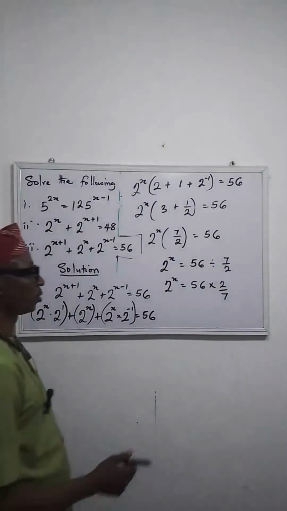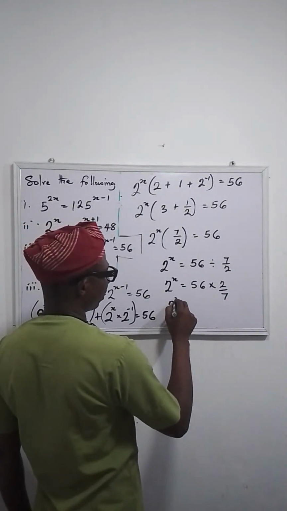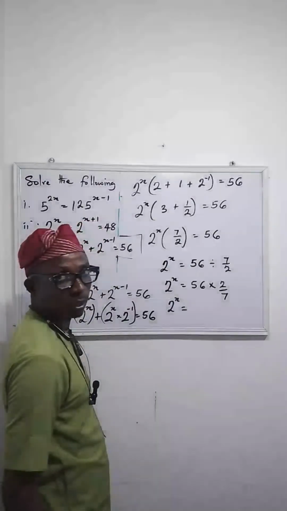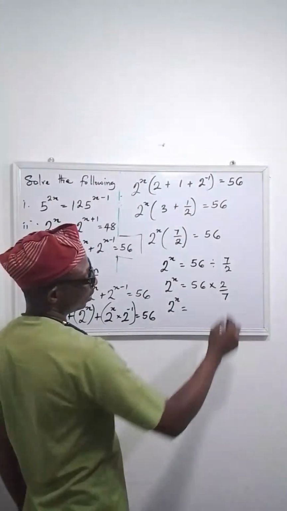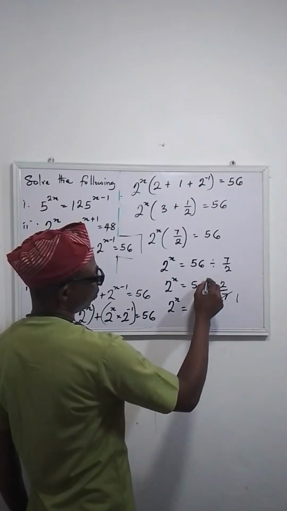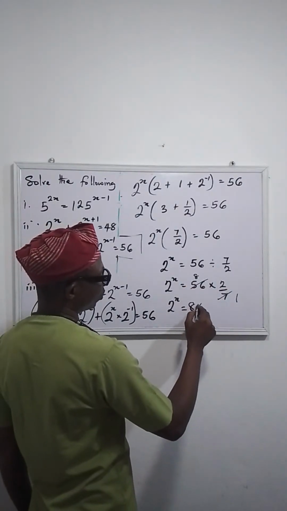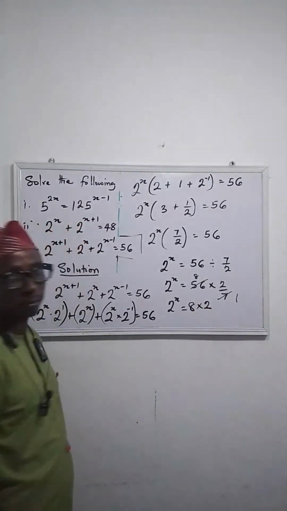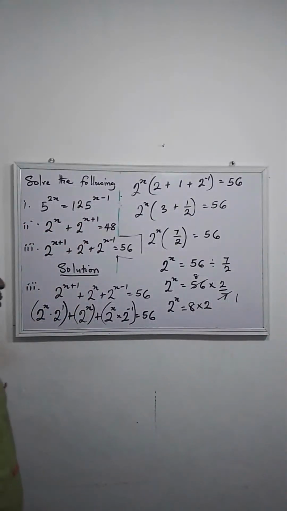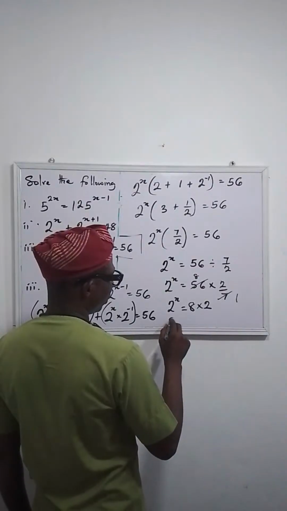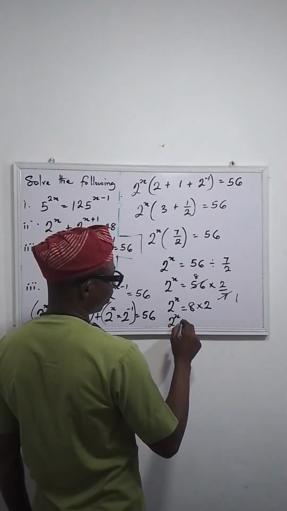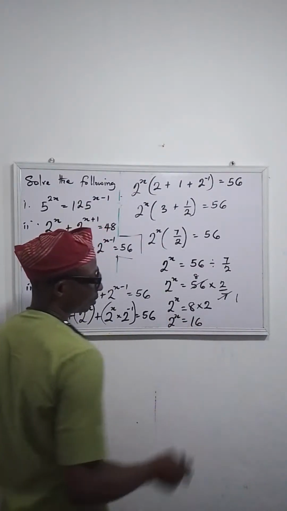Now 7 goes into 56 eight times. So we have 8 times 2, and that is 2 raised to the power of x equals 16.